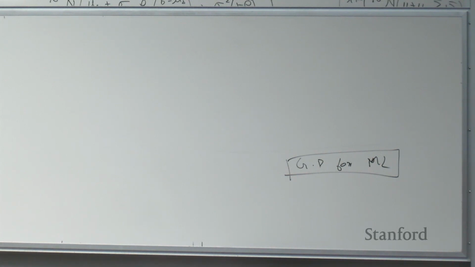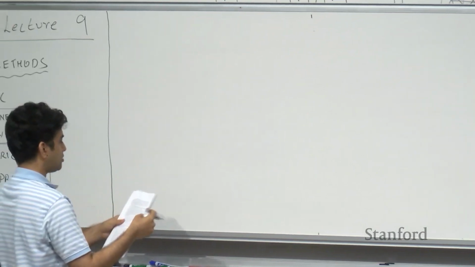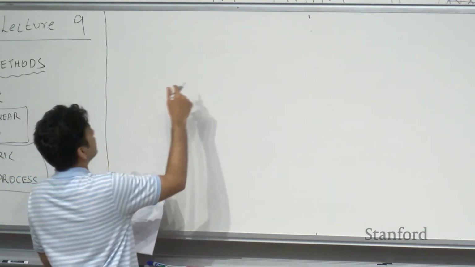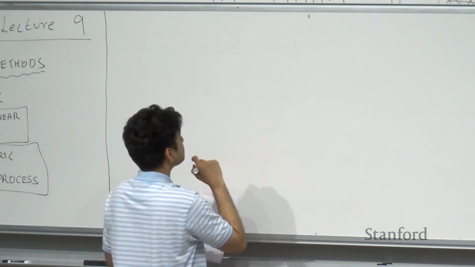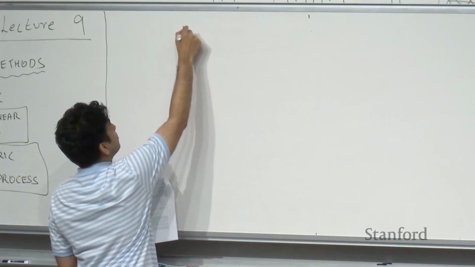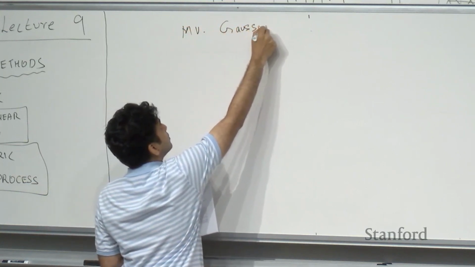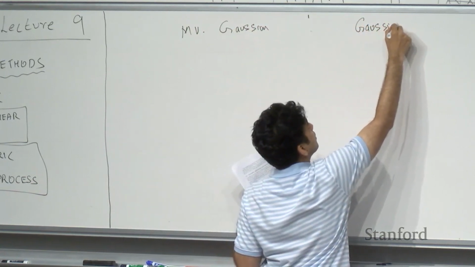All right, so Gaussian processes. In Gaussian processes, what we want to do is, let me try to draw an analogy between the multivariate Gaussian and the Gaussian process.